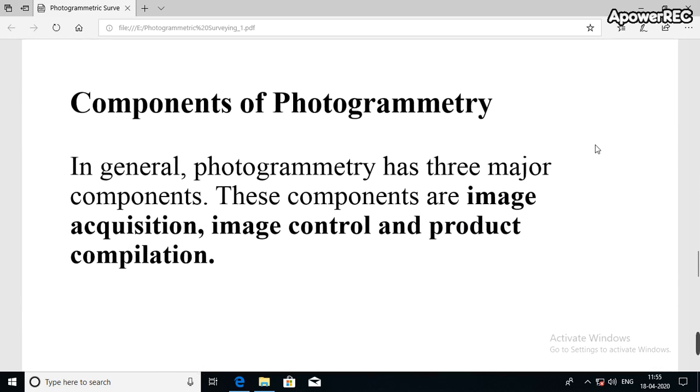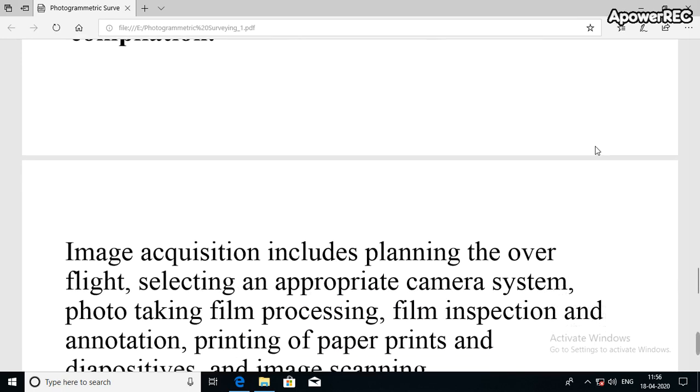There are basically three components or steps in a photogrammetric survey. Number one is image acquisition, second is image control, and third is product compilation.